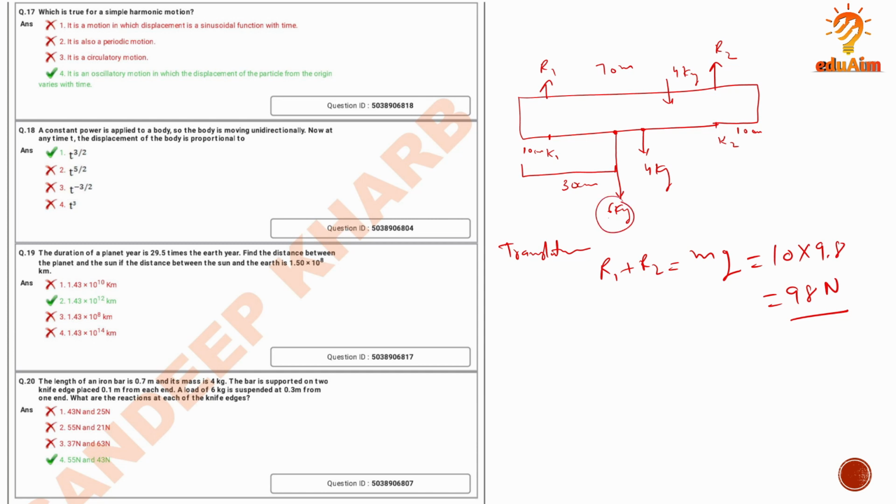Now the weight 6 kg is suspended from 30 centimeter from one end. So if we see, distance will be 5 centimeter. So in rotational equilibrium, torque should be 0. So what is torque? mgl plus the reaction here R2 into the distance which is 25 is equal to R1 into the distance 25.